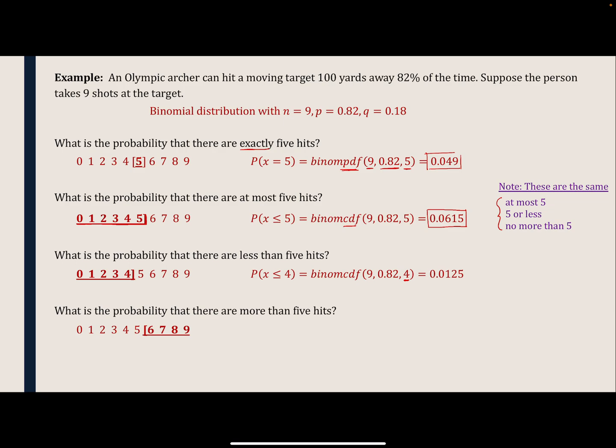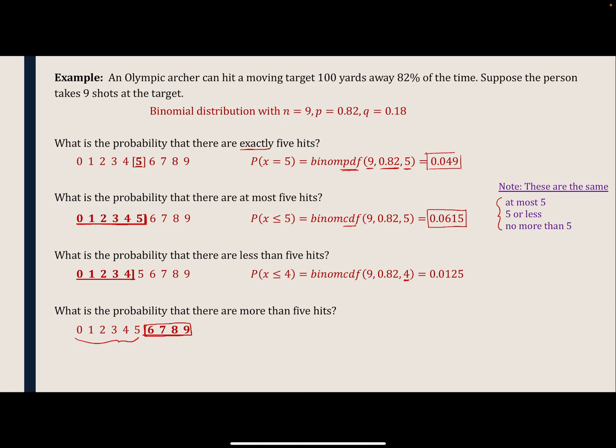If we want to find the probability of this upper range, we want to take 1 minus the probability of this lower range. And again, the CDF command will find the probability of that lower range.